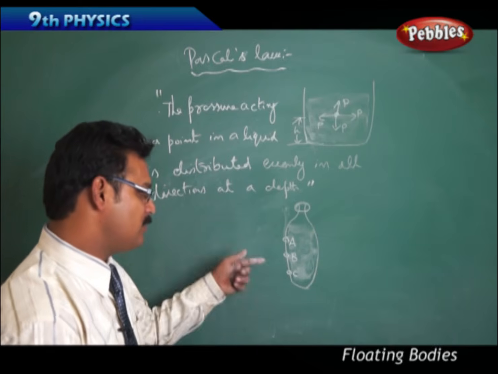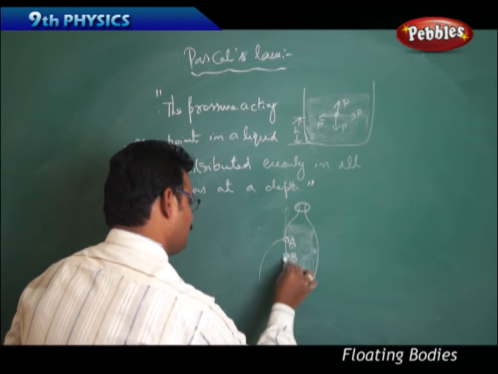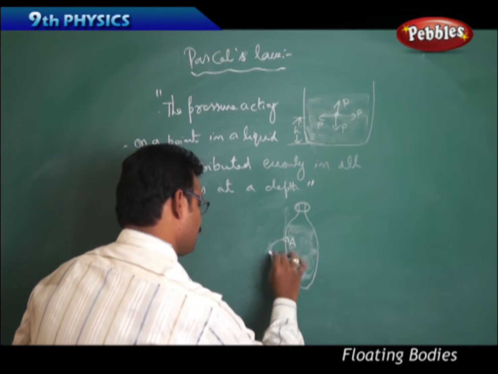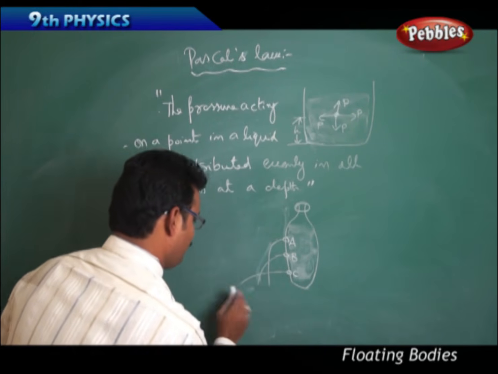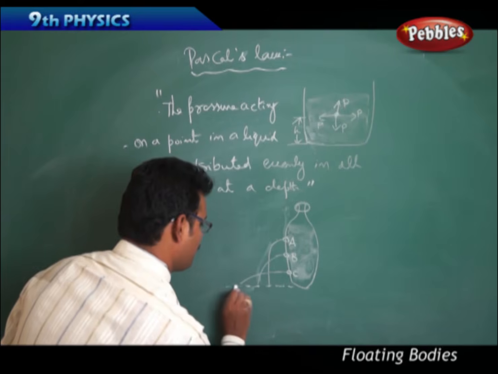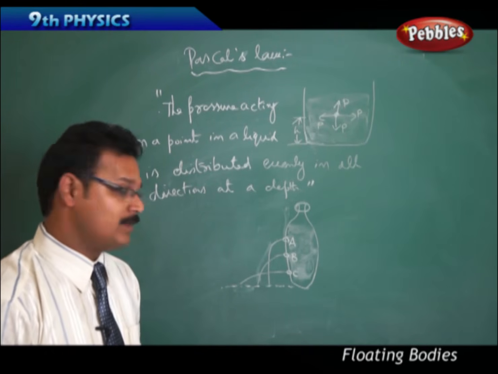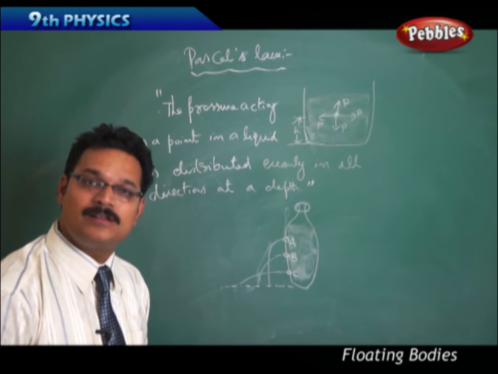Now what happened? As soon as you make a hole, immediately the water falls on the ground. If you observe, which hole has shown the water falling at more distance from the bottle?